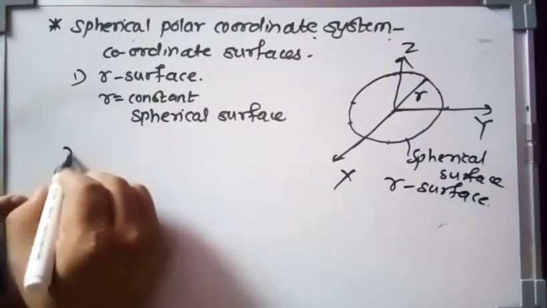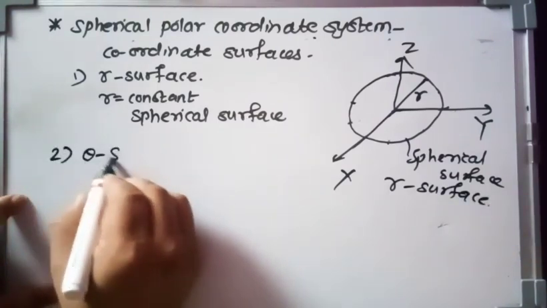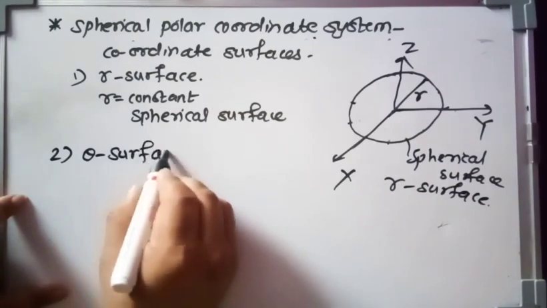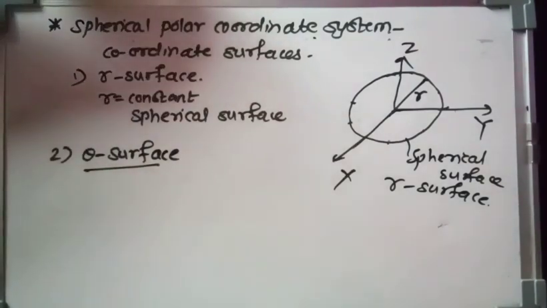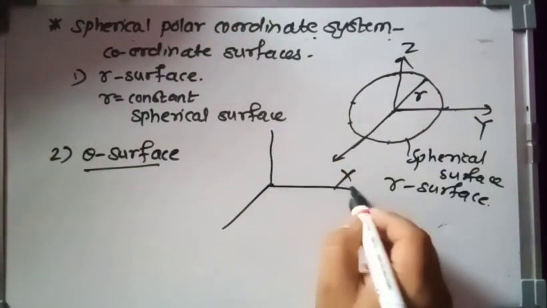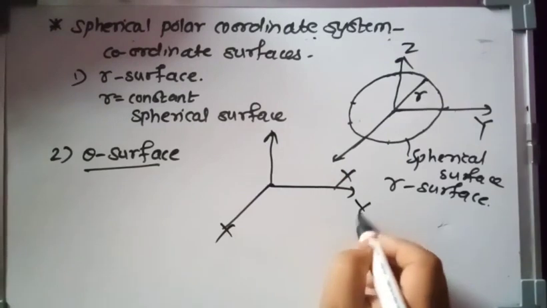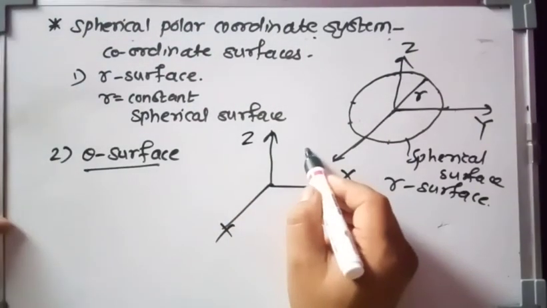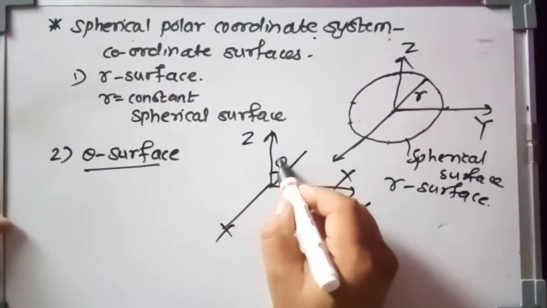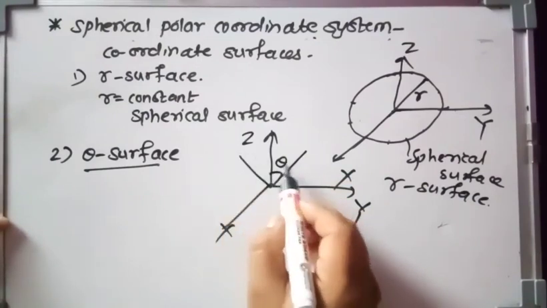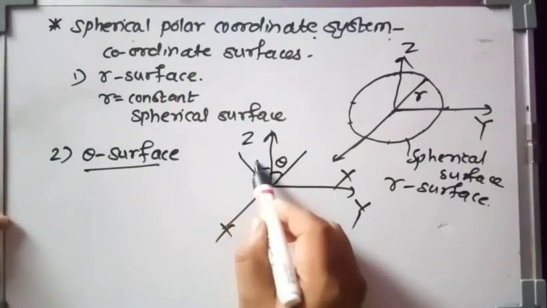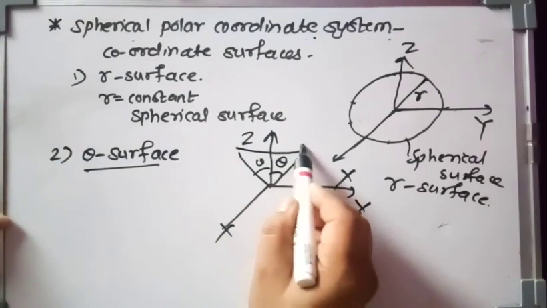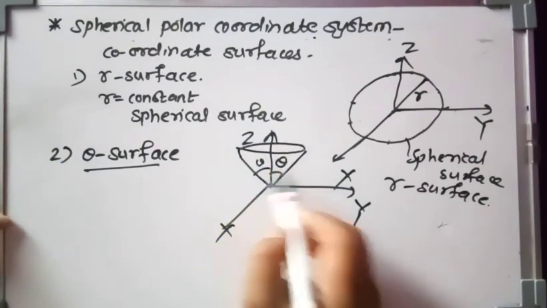Second, theta surface. Now how can we show the theta surface? Suppose this is coordinate system, and this is angle theta. Here also angle theta is between z-axis and position of point P. If the position of point P is here, we again have theta. You can draw a surface like this.